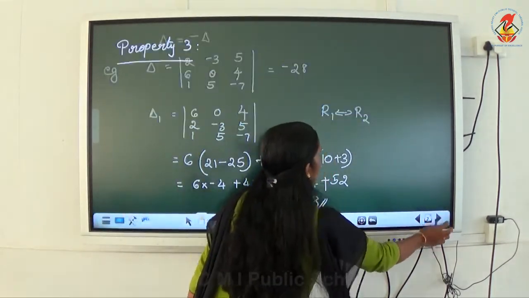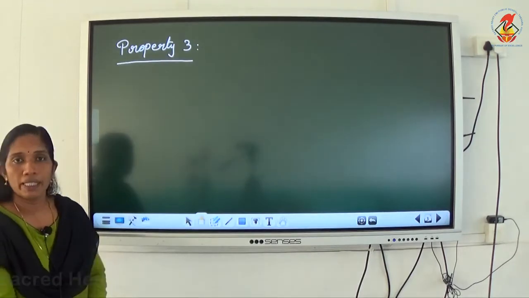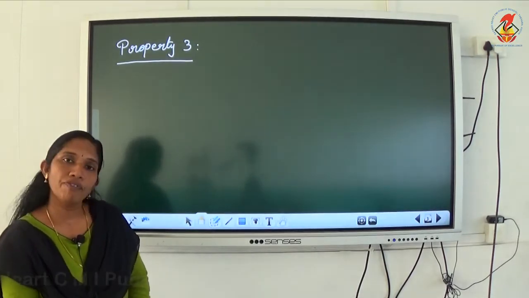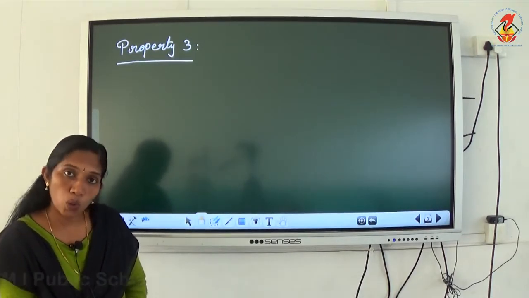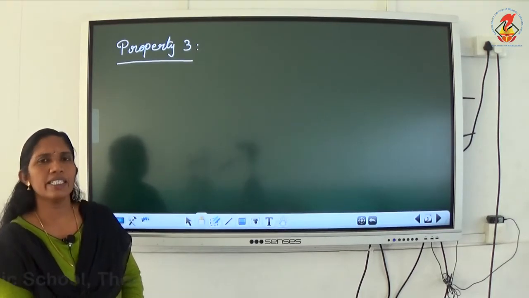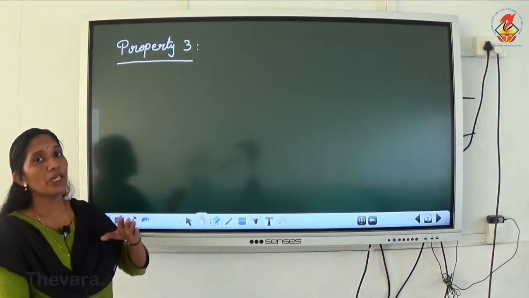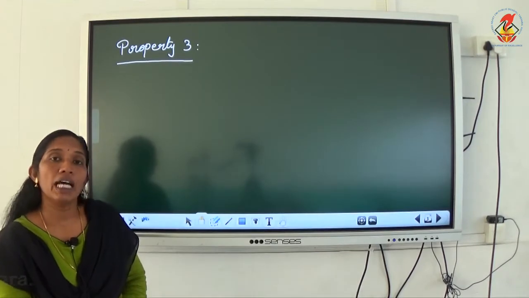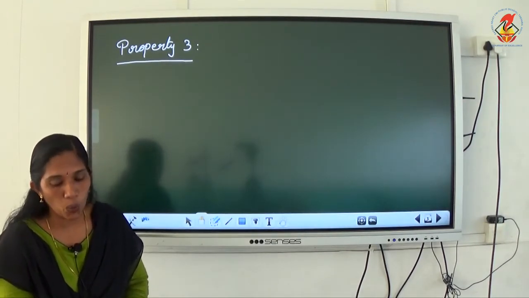Now the third property. Property 3 is if in a determinant any two rows or two columns are identical, identical meaning corresponding elements are the same, then the value of the determinant is 0.